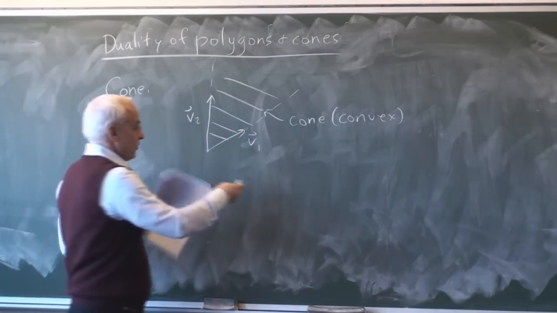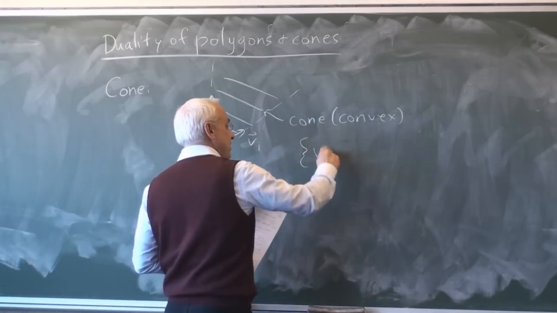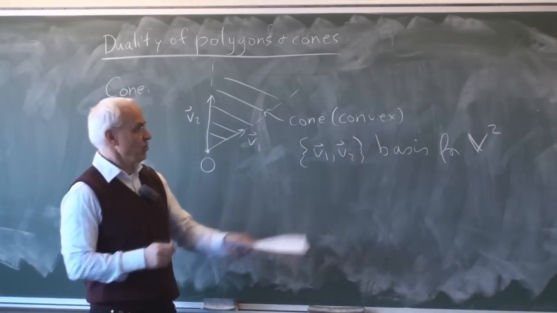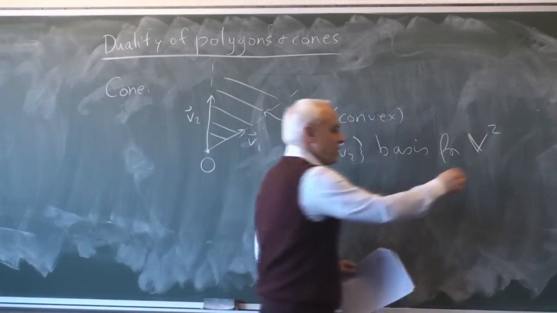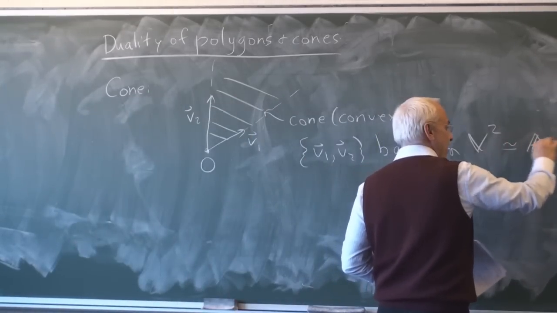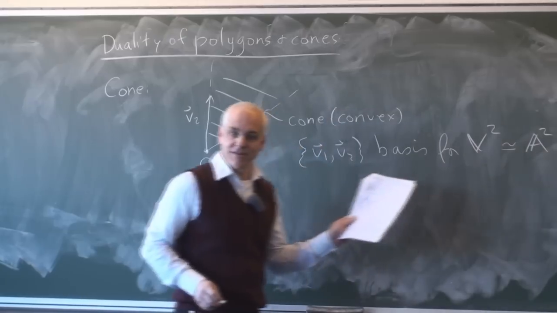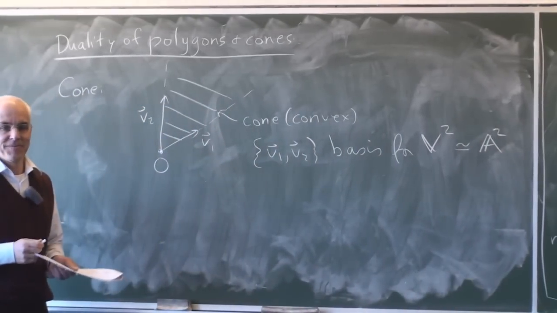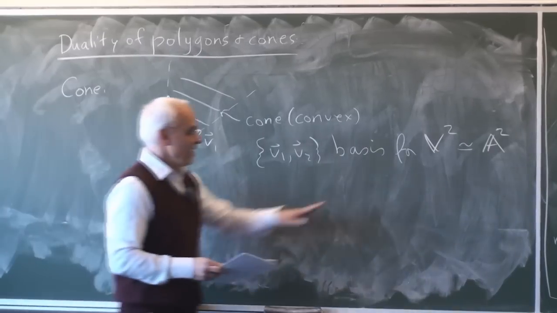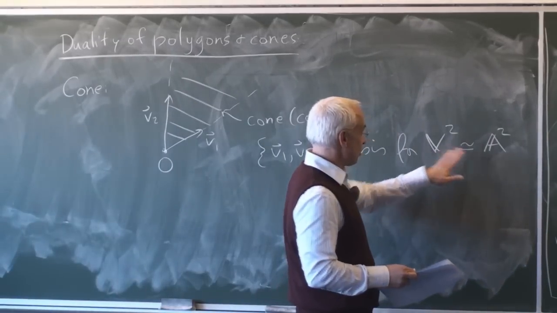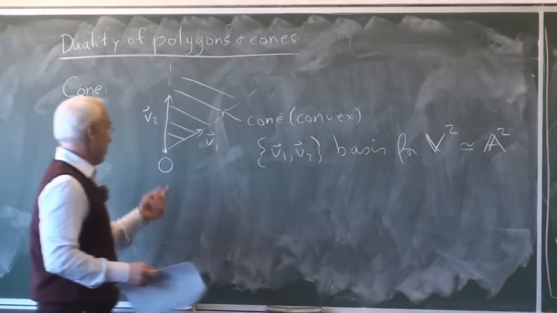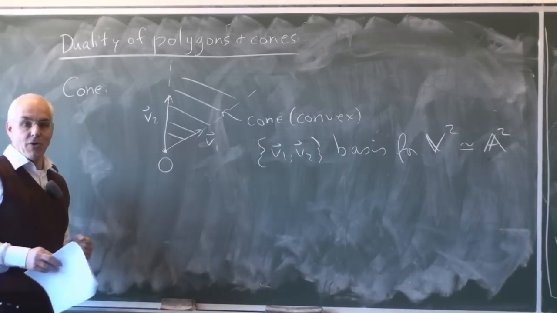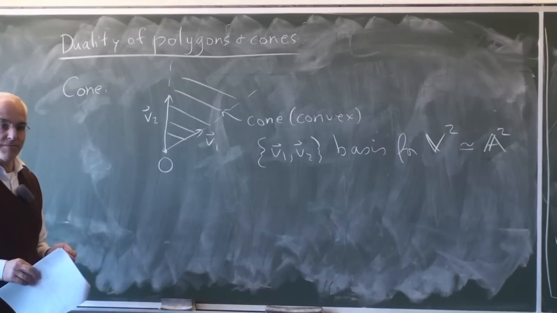Now, the vectors v1 and v2 form a basis for the 2-dimensional vector space, which is really the same as our affine space, except that there's an origin added. Okay, that's the difference between an affine space and a vector space. Topologically, they're the same, but with the vector space, we have an origin associated to it.